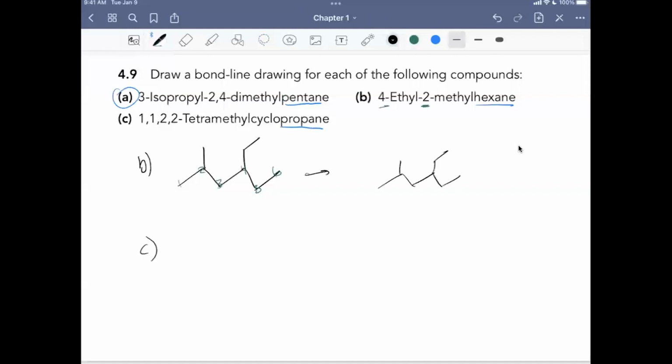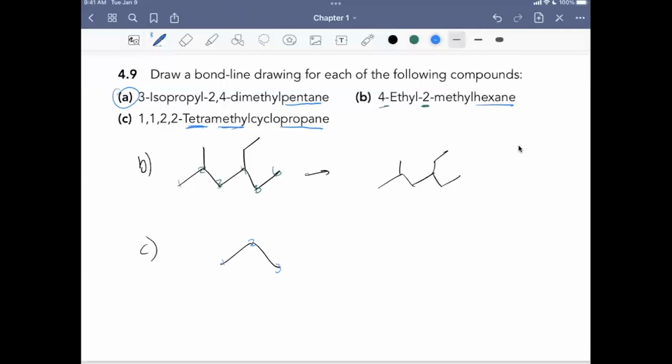For C, our final one, we have propane. So again, propyl is a 3-carbon substituent. Propane would be a 3-carbon parent. So it'd look something like that. All right, again, 1, 2, 3. On carbon 1, 1, 2, 2, we all have methyl groups. So again, if you have methyl groups, and I guess this one we have 4 of them, so that'd be tetra.